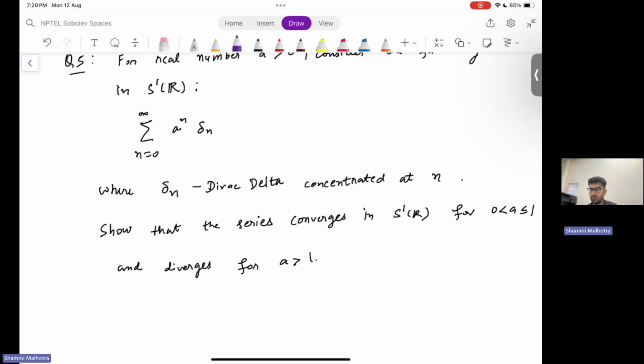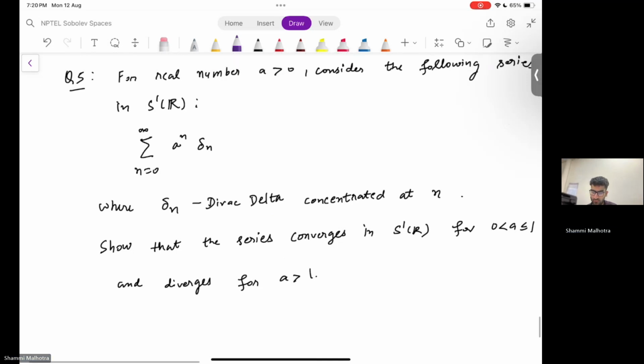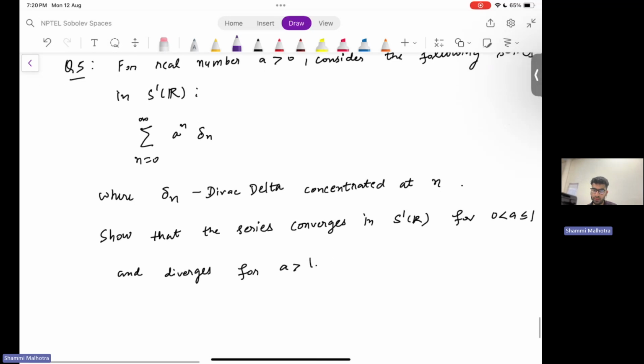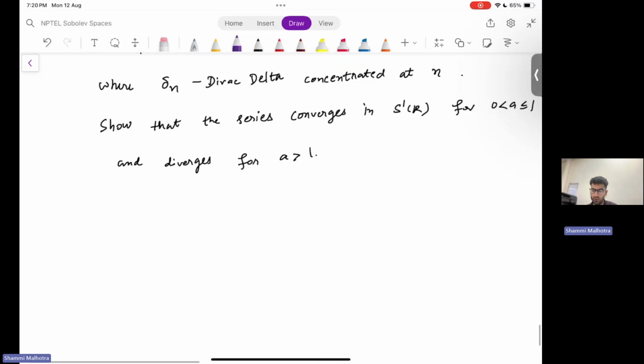To prove this, we will use the basic facts of Schwartz functions, because any phi we are applying will come from the Schwartz space only. Yes, phi belongs to the Schwartz space.